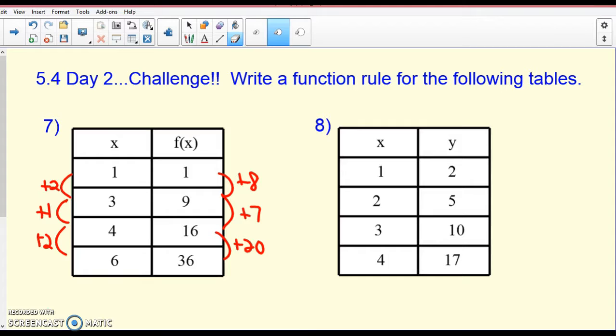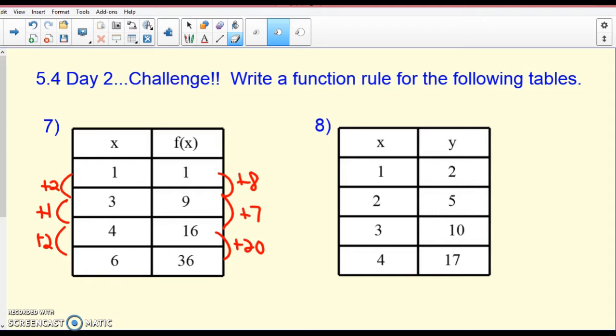Now we look from x to f of x. This first one is not going to help me at all. 1 and 1 don't help you. 0 and 0 don't help you, because you could do anything to get from there to there. Now, what are you doing to 3 to get 9? Squaring it.